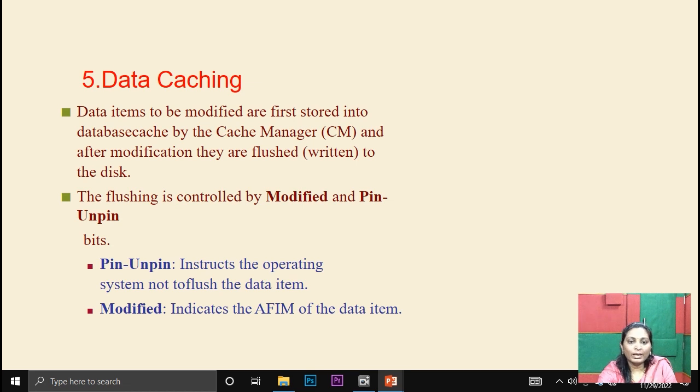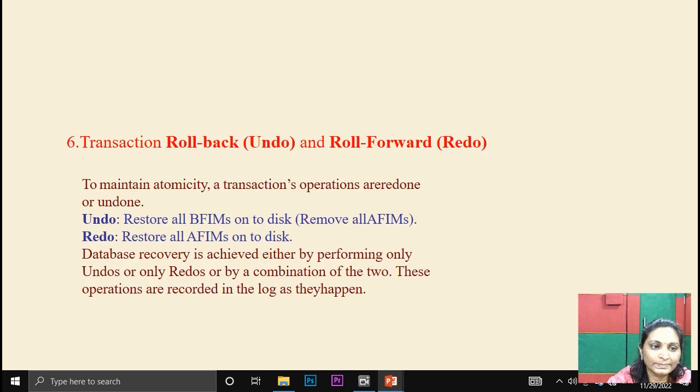The flushing is controlled by the modified and pin-unpin bits. Pin-unpin instructs the operating system not to flush the data item, and modified indicates the after image of the data. If pinned, the data or value is not modified or updated, and if the modified bit is set, the modified value will be written to the database.